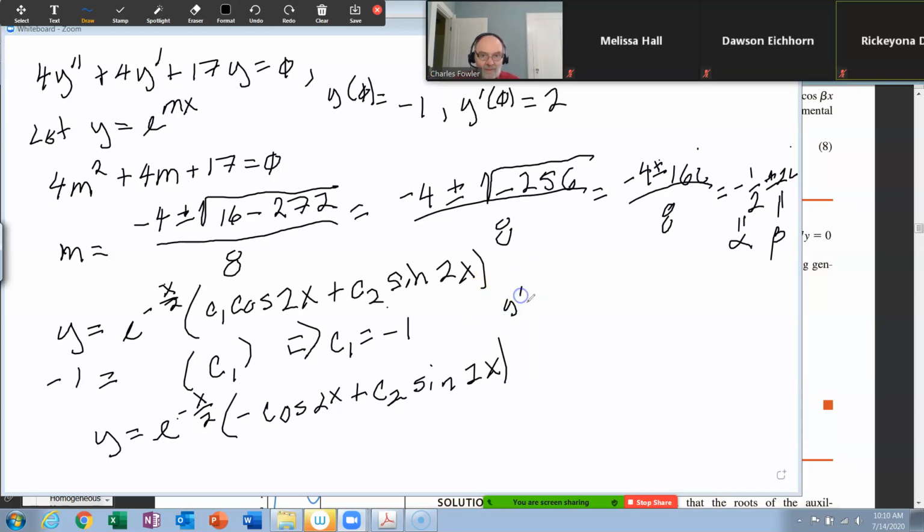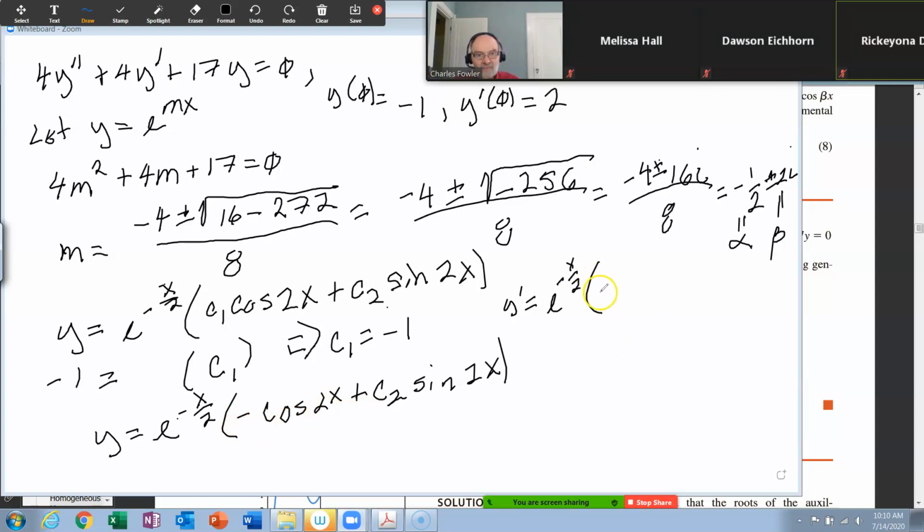y prime is going to be equal to, you have a product rule. So it would be the first, e to the minus x over 2 times the derivative of the second. Well, derivative of cosine is minus sine, so that's going to change that to a plus, but then you have a chain rule for a 2.